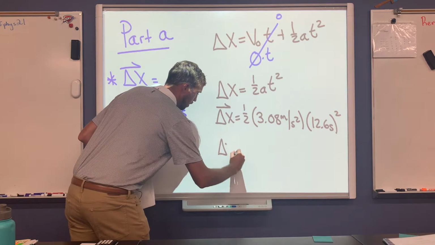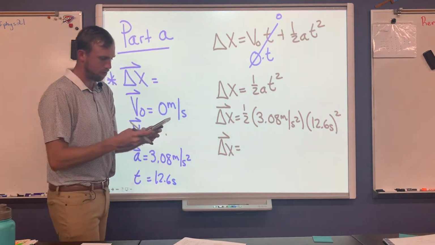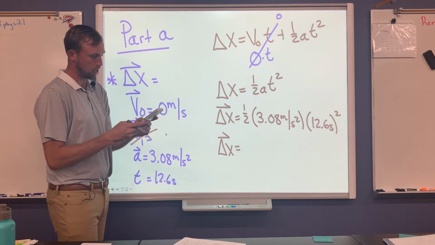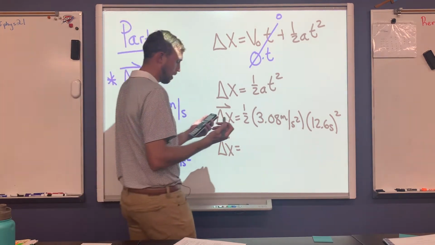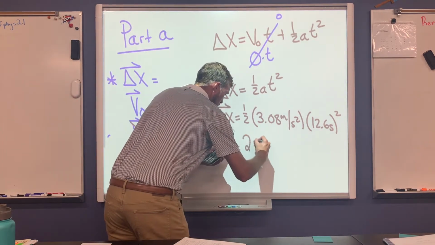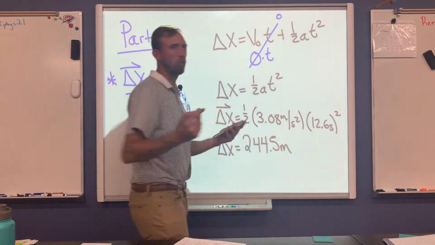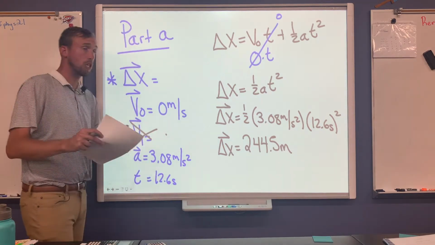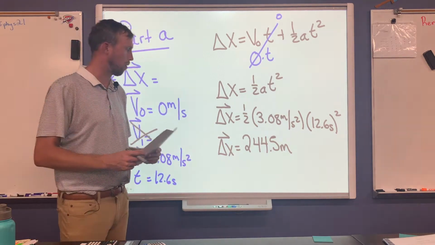So we've got 1/2 multiplied by 3.08 multiplied by 12.6 squared. I get approximately 244.49. I'm going to call that 244.5. I know usually we go to 3 sig figs, but I'm going to go to 4 just to be a little bit more precise here. So that tells me that during this interval, part A, we're traveling a total of 244.5 meters.